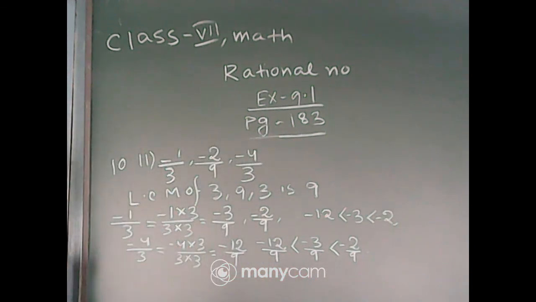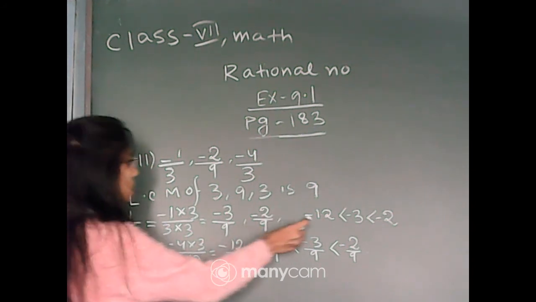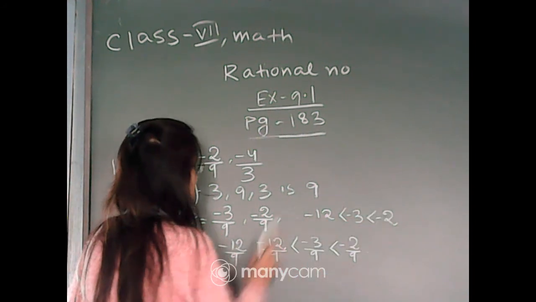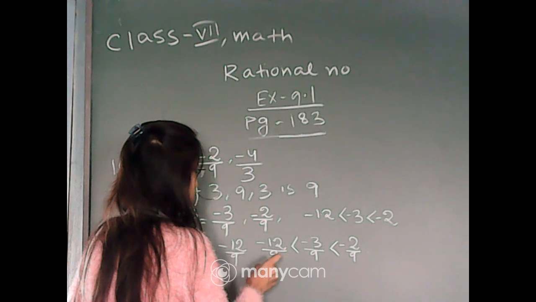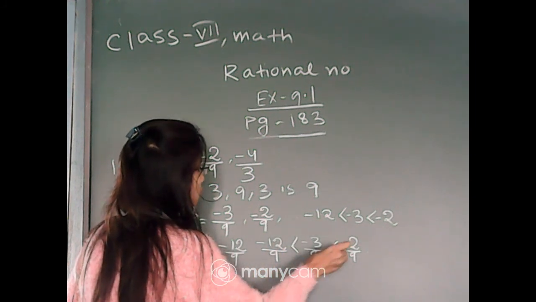In the previous class, we have discussed this. Minus 12 is less than minus 3 is less than minus 2. So, minus 12 divided by 9 is less than minus 3 by 9 is less than minus 2 by 9.